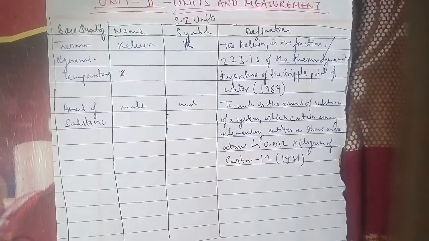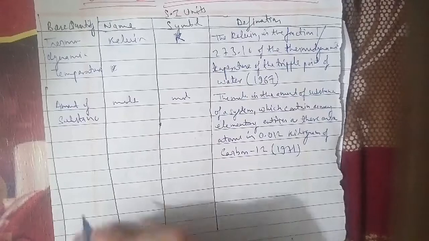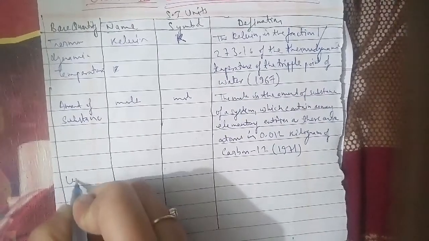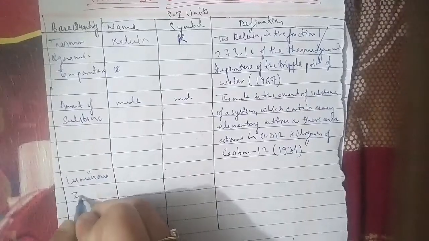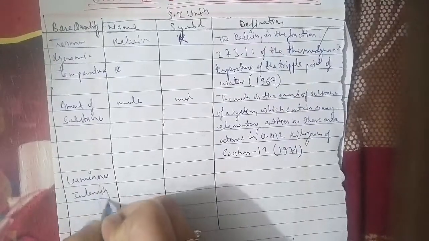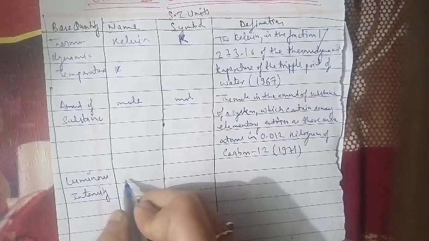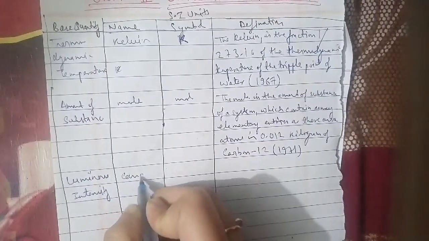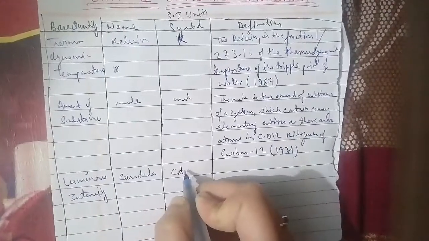Now the next is luminous intensity. The name of the unit is candela, symbol cd.